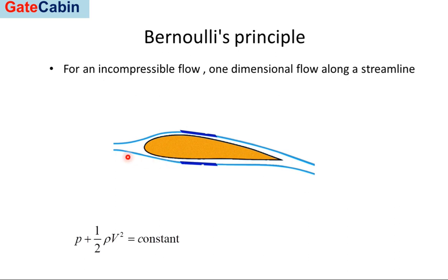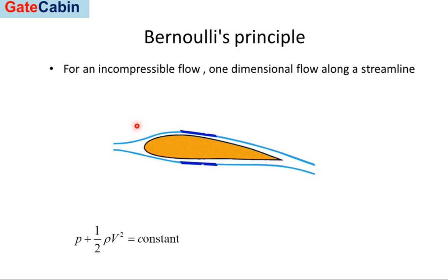So if we talk about the continuity principle, the fluid particles which are approaching the aerofoil get separated into two different streams. Okay, the upper particles have to travel a larger distance because of the upper curved surface, and the particles on the lower surface have a lesser distance to travel, right?